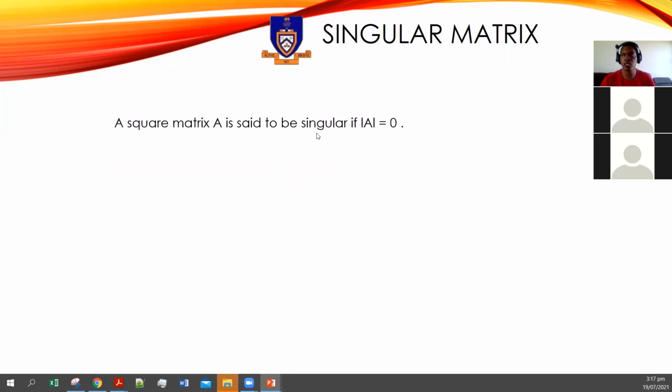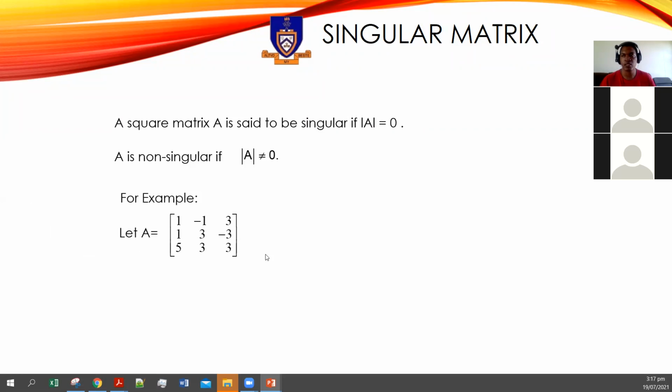A square matrix is said to be a singular matrix if the size of the matrix is 0, and a non-singular matrix if the size of the matrix is not 0. Sometimes, if we say this is A, and we calculate the magnitude or the size of the matrix here, we get a 0.